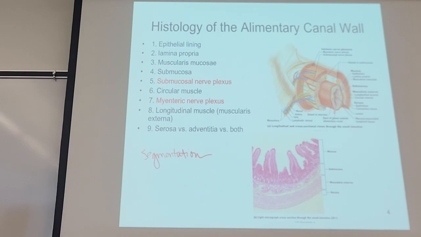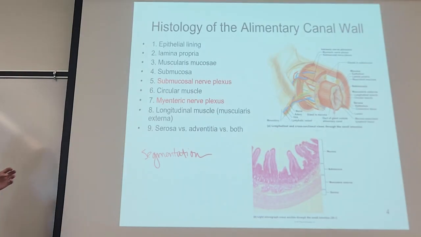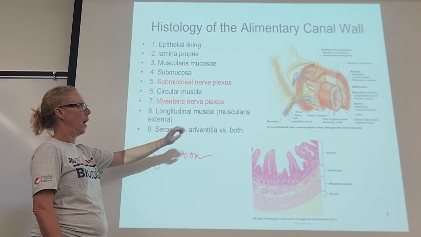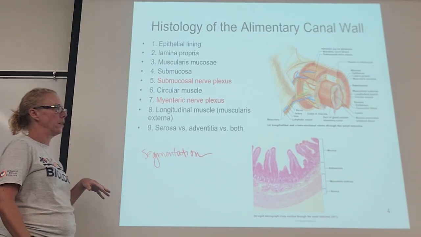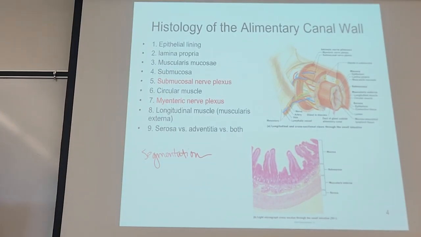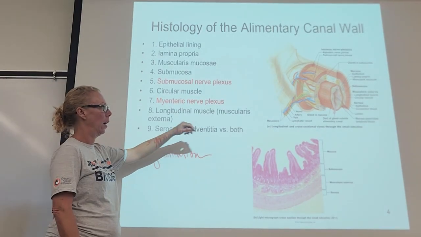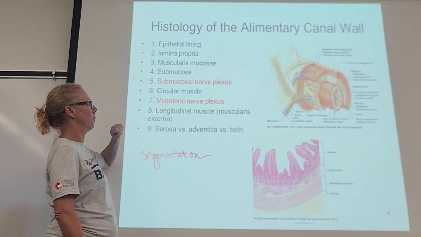Can anyone give me the specific name of the serosa in the abdominal cavity? Starts with a P. Peritoneum, right? So we're talking about the peritoneal serous membrane. Adventitia would be for organs that are not within the abdominal cavity because they do not have a serous membrane superficially. I'll mention that briefly in a bit.